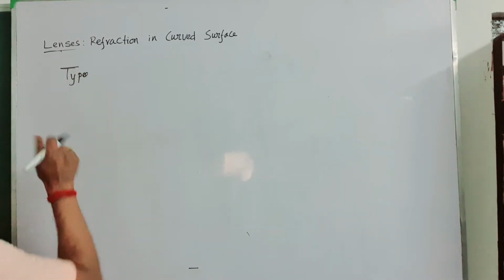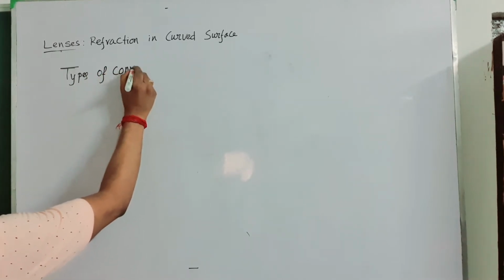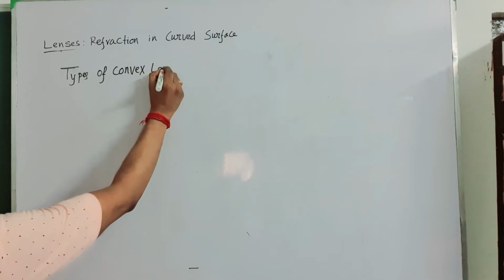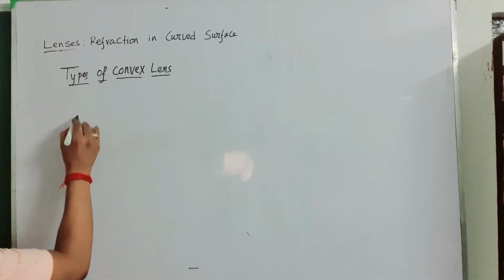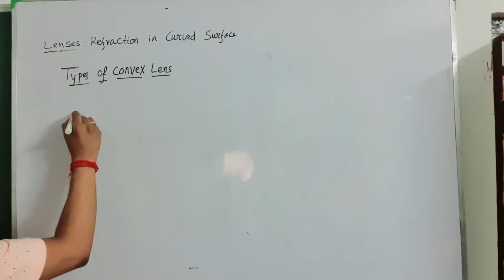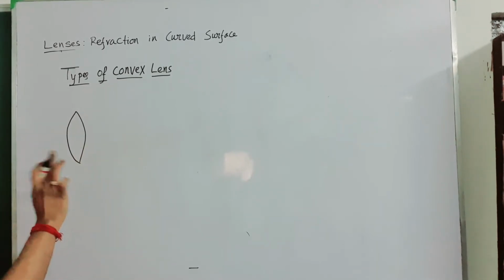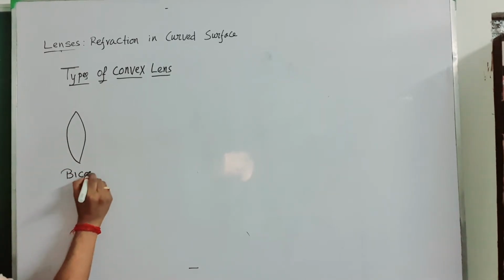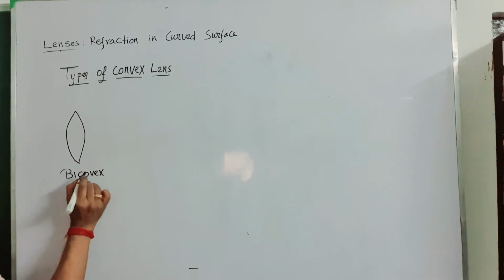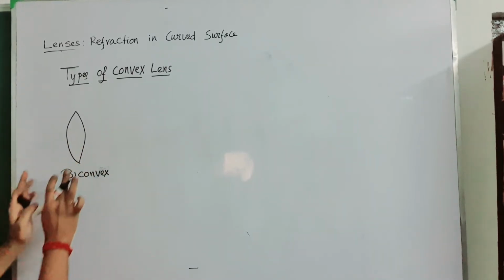If both the surfaces are bulged like this, then it will be called biconvex. Both the surfaces are bulged like this.